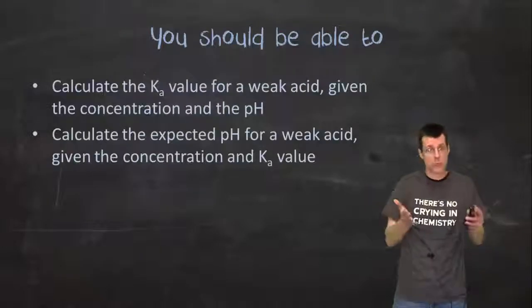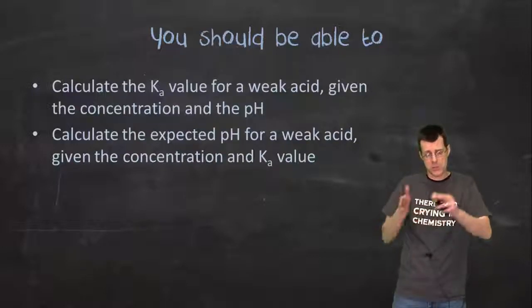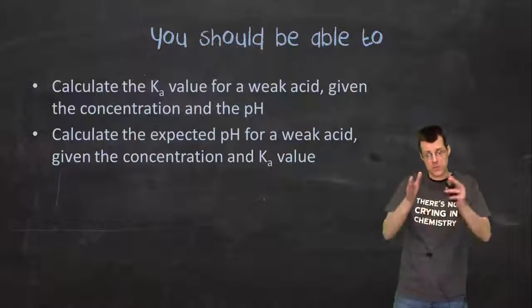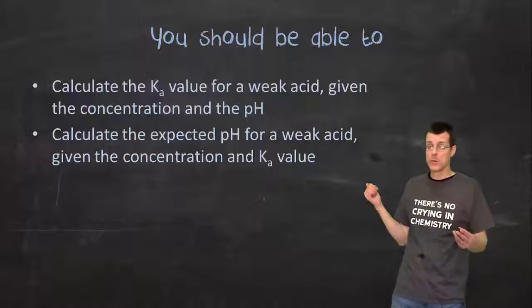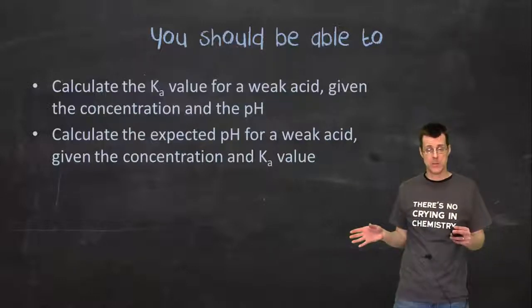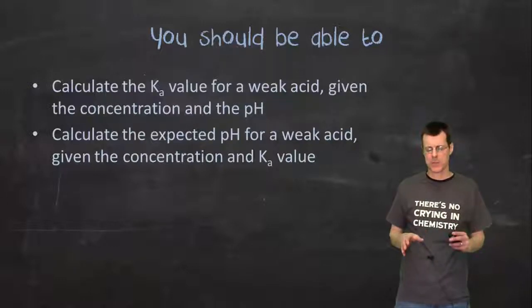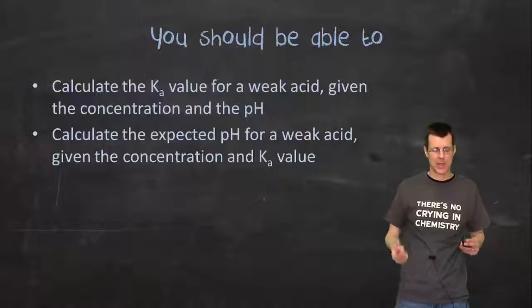Okay, now we should be able to do both those styles of questions, both concentration and pH telling the K value, or concentration, K value, predict the pH. And we'll be able to do that for any weak acid and any weak base. One final comment about successive approximations and how many loops or rounds or cycles you have to go through.